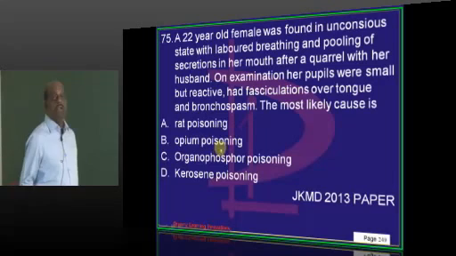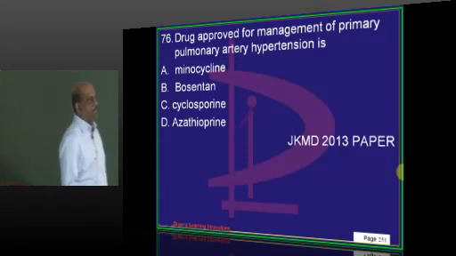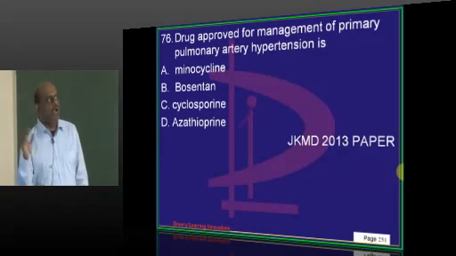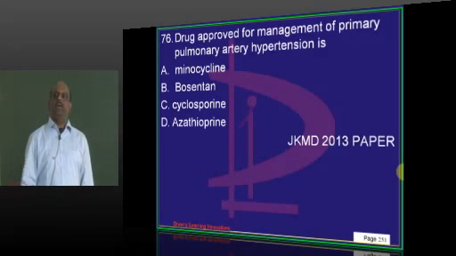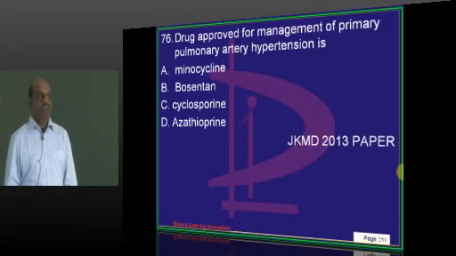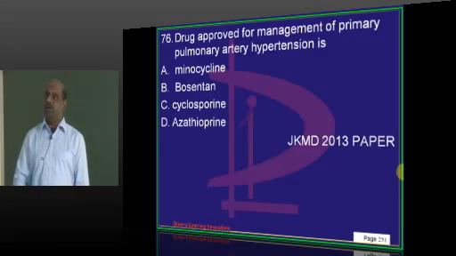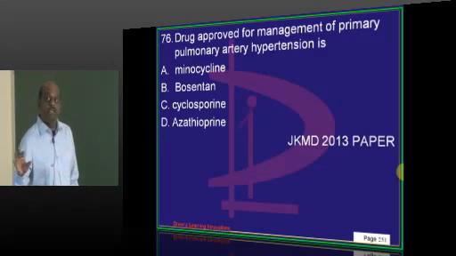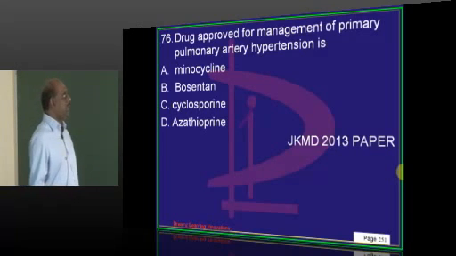Where do you find it, doctor? In case of organophosphorus poisoning, is what needs to be remembered. Pulmonary arterial hypertension, how do you treat? Favorite question in the exam, doctor. We use sildenafil, we use calcium channel blockers, we use bosentan-like agents. So you must know the route of administration of these drugs, the mechanism of action of all these drugs, etc.